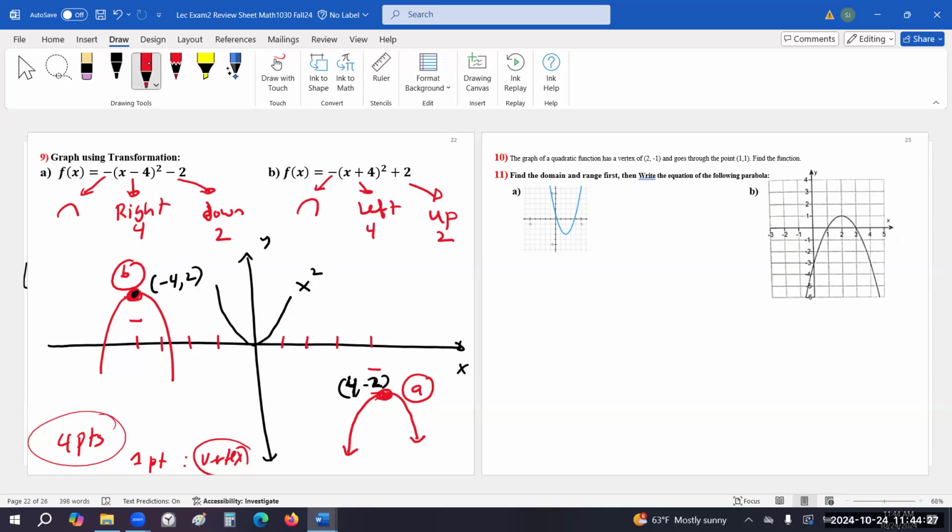So anytime you're finding the equation, you always start with the vertex format. That is the equation for any parabola. In this equation, we already know our vertex. This is H and K. So what is our H?